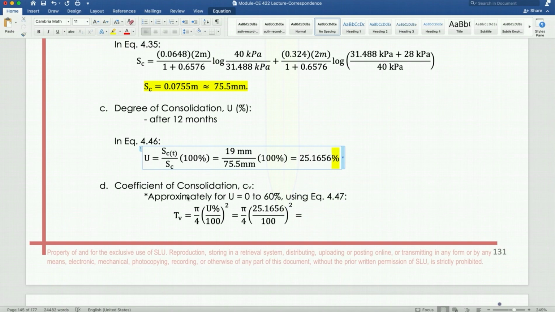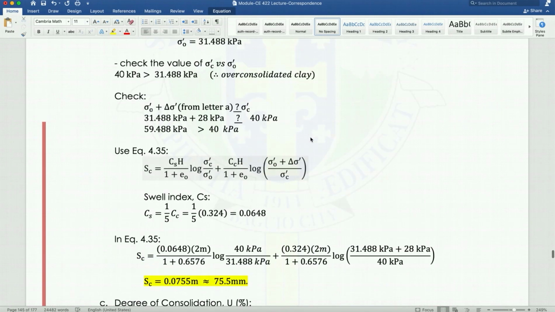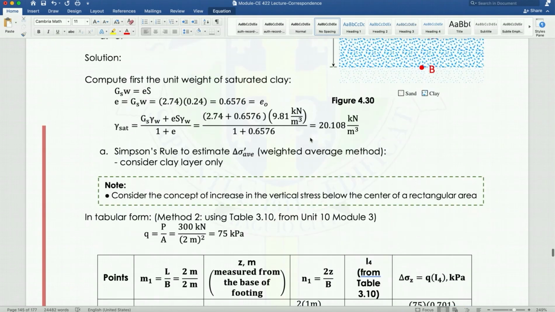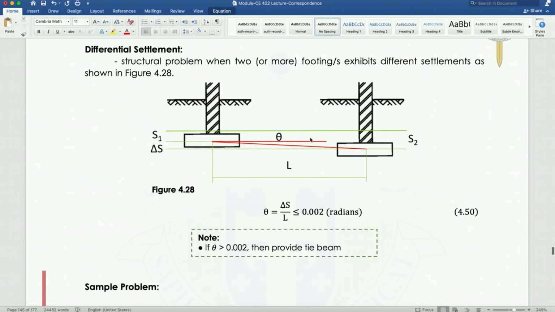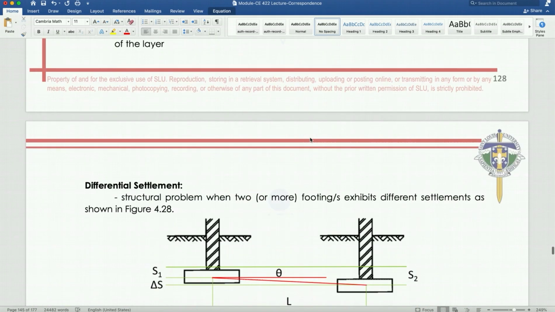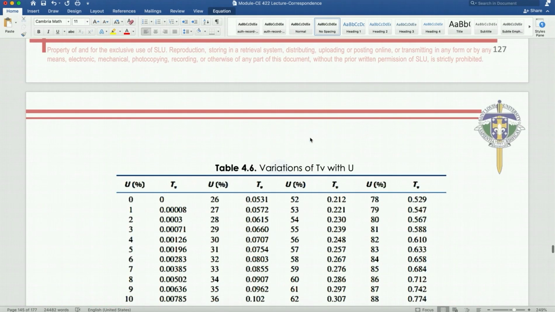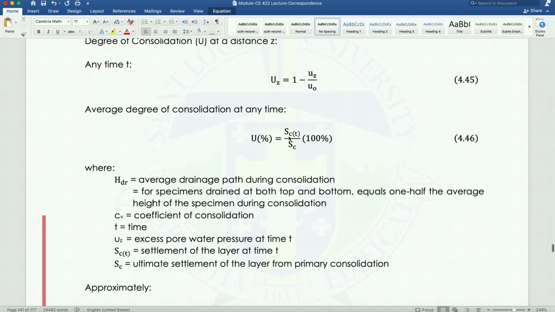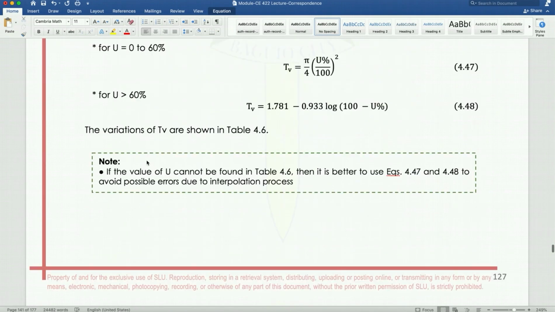Letter D, the coefficient of consolidation, C_v. So approximately, what is the value of U? It is 25%. So again, we have two equations. As said earlier, it's either equation 1 or equation 2. Let's go back for a moment.